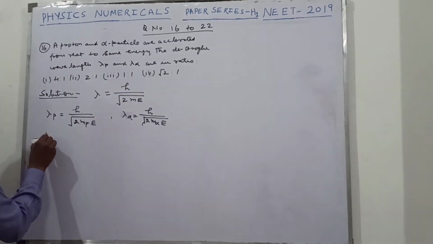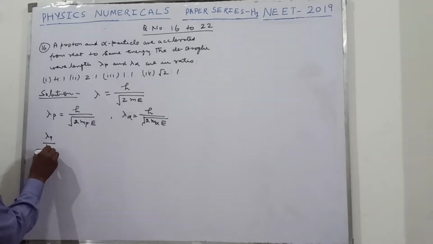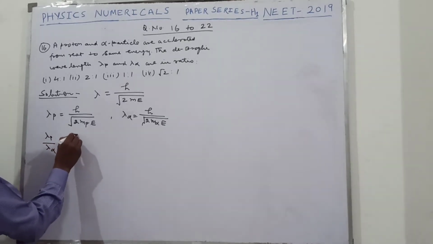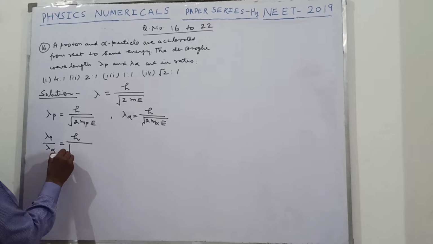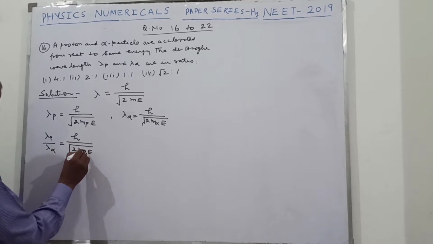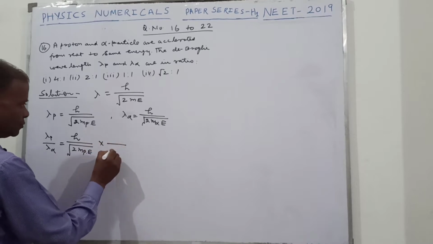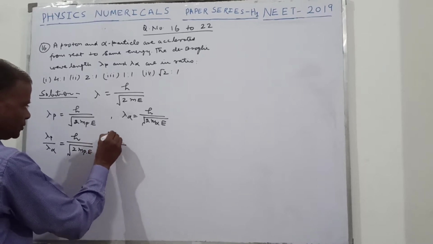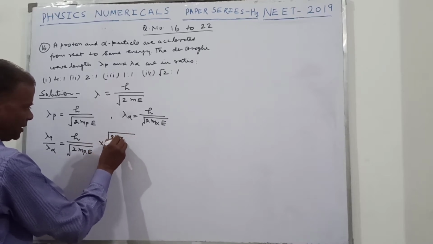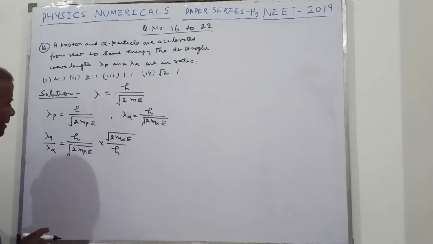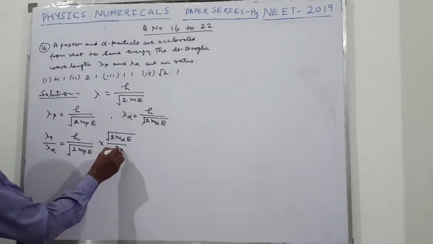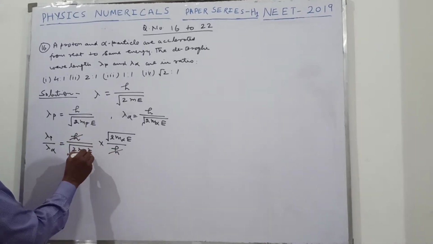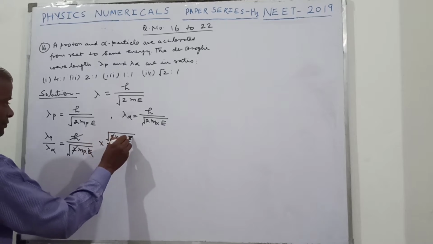So lambda p upon lambda alpha is equal to h upon square root of 2mp into E, divided by h upon square root of 2m alpha into E. Now here you see that all terms will cancel except m alpha and mp. This h will cancel by this h, and E and 2 will cancel by these.